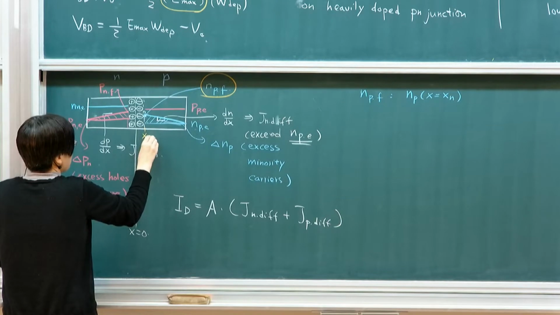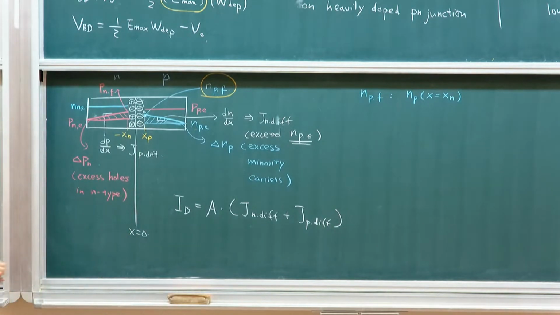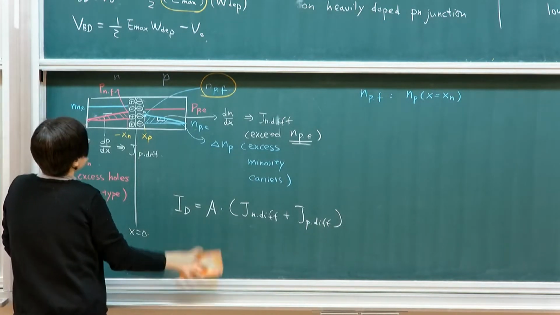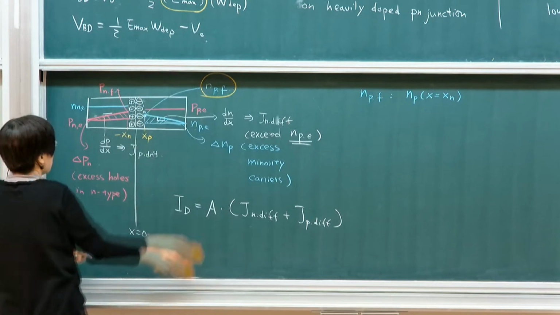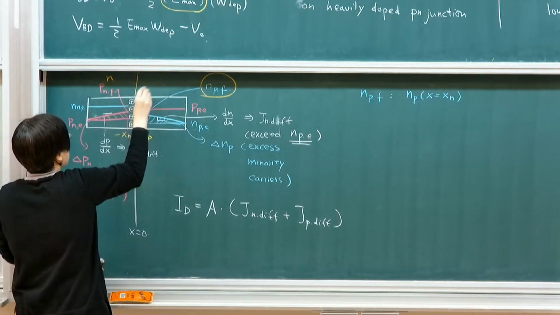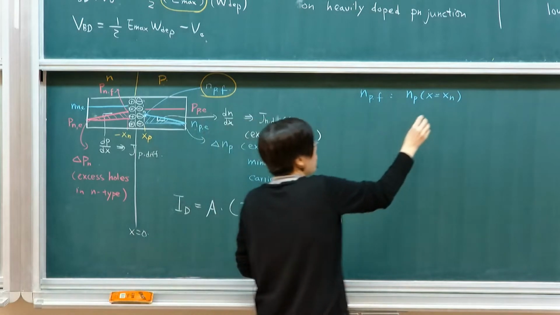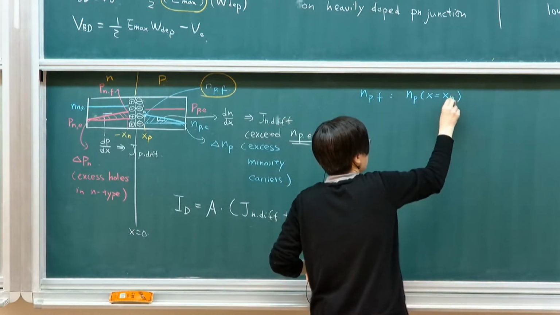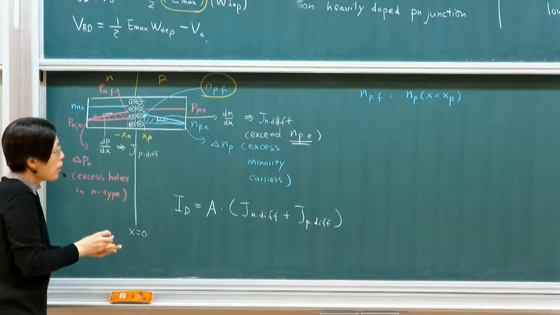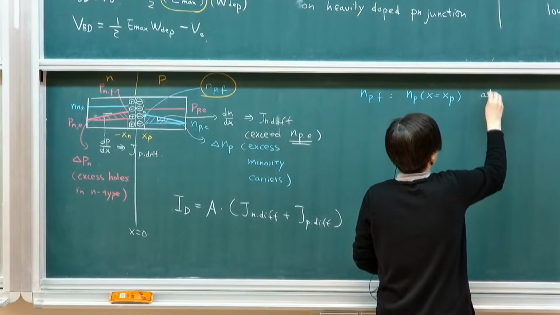This is the N side, this is the P side, at x equals xp, at this junction, passing the depletion region, during forward bias.